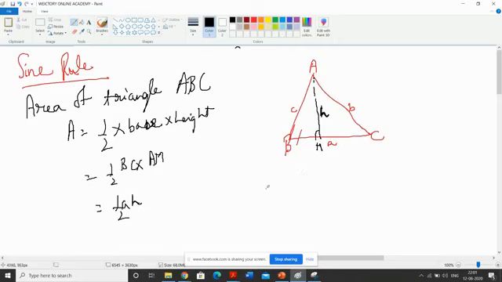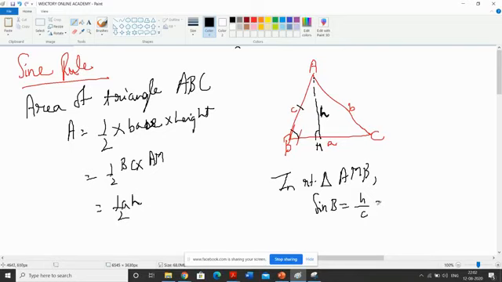So we'll use trigonometry. If you see this triangle AMB, in right triangle AMB, what is sine B? We can write sine B as h divided by c, opposite over hypotenuse.